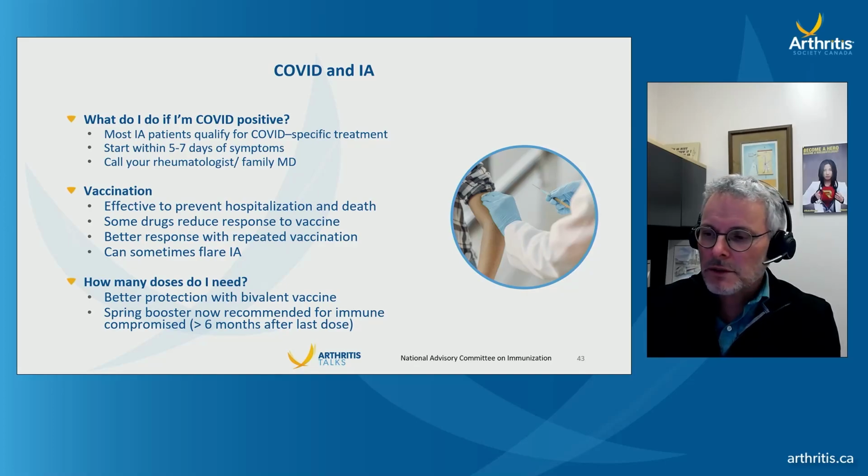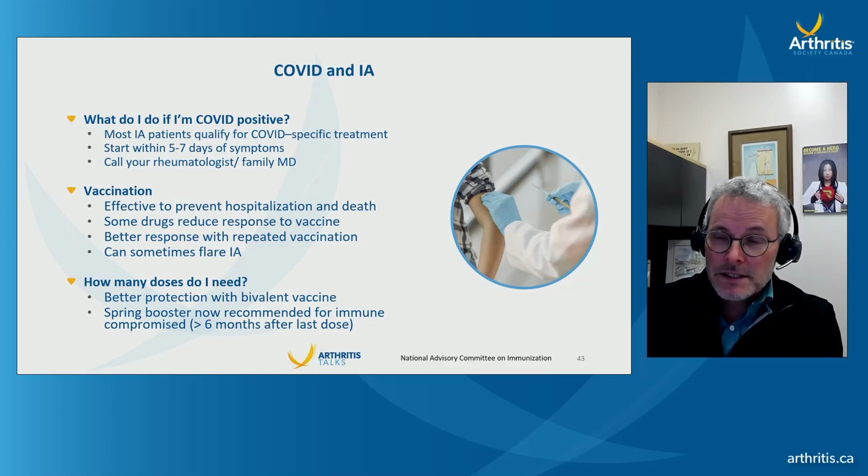So we know that after 3 or 4 doses, the levels of protection are similar to people who aren't on those drugs. We also know that sometimes the vaccination can flare your arthritis. Most of the time, that's a mild flare and doesn't require any specific treatment. But overall, the risks of getting COVID are much higher than the risks of the vaccination for patients with arthritis.